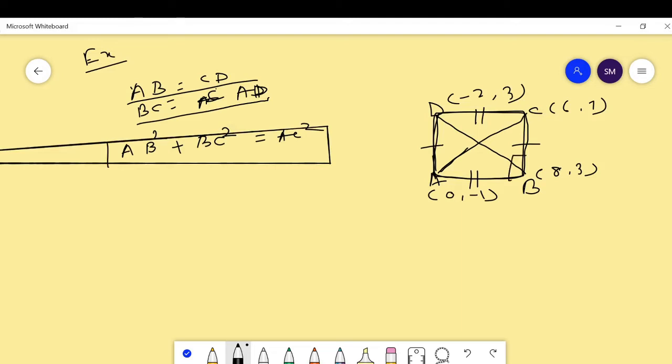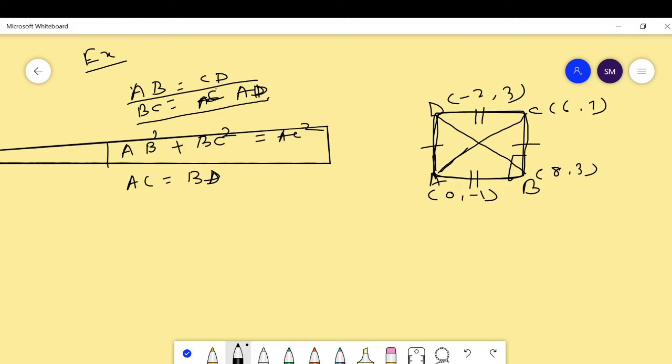And the 2 diagonals are the same; we have to prove AC is equal to BD. In a rectangle, the 2 diagonals have the same length. Then we can prove that these 4 are vertices of a rectangle.